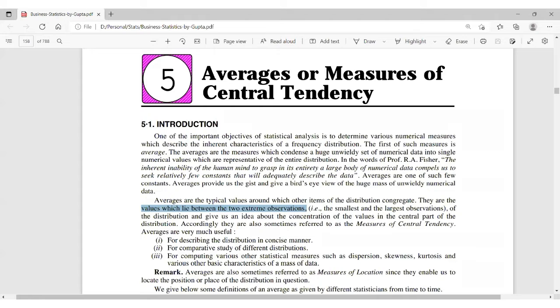One central value will be there around which other values will be scattered. The average always lies between the smallest value and the largest value. That is why it is called the central value. This gives the idea of the values in the central part of the distribution.